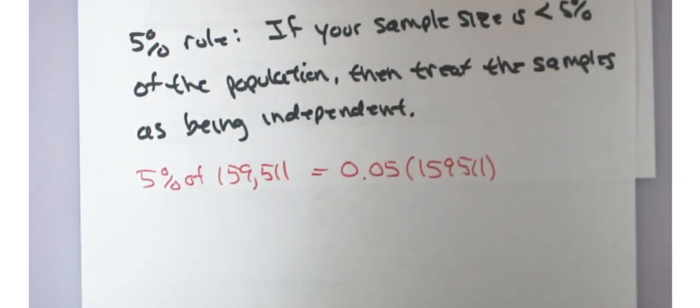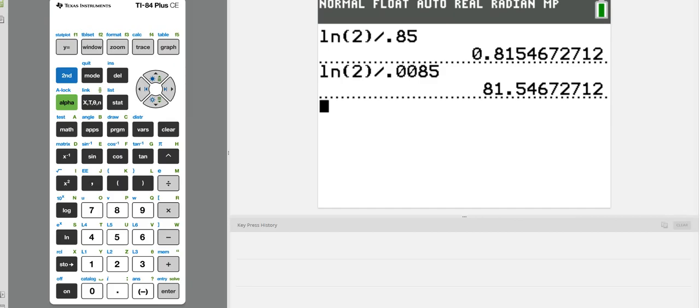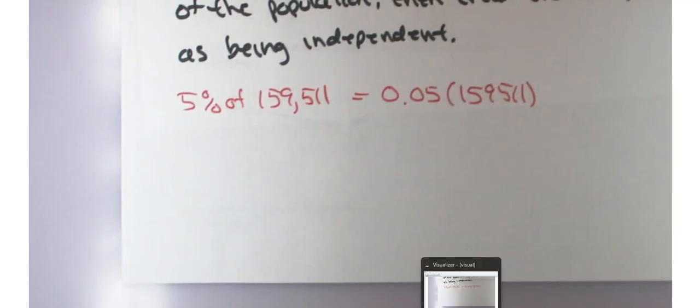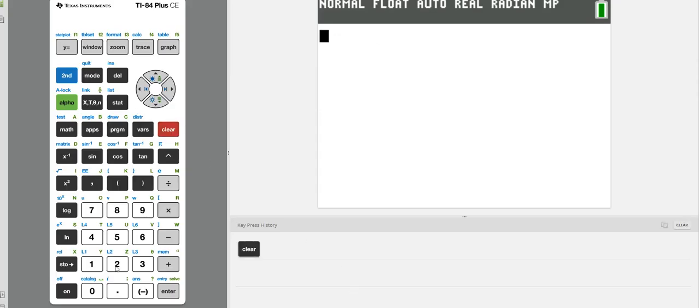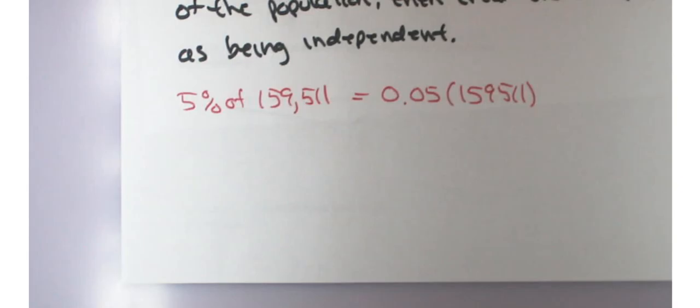That's going to be about 7,800-ish. It's going to be pretty big. Certainly, if we're only taking out 5 from this sample, then we're going to be less than that 5% threshold. But let's go through it anyways. 0.05 times 159,511. There you go. So we're clearly below the 5% threshold, so we can use the 5% rule.